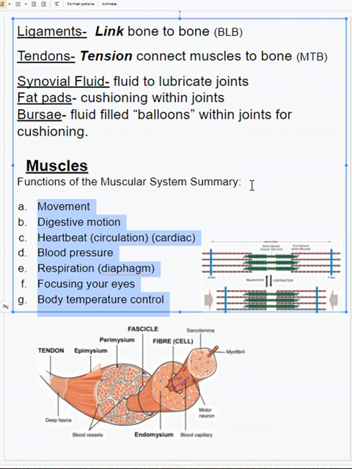Your heart, circulatory system, and your respiratory system are all powered by muscles. Focusing your eye is a really important job of the muscular system. And lastly, I've got body temperature control on here. 85% of your body temperature is generated through muscular movement.